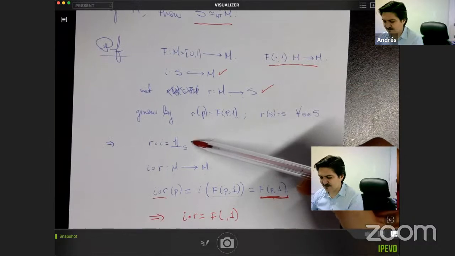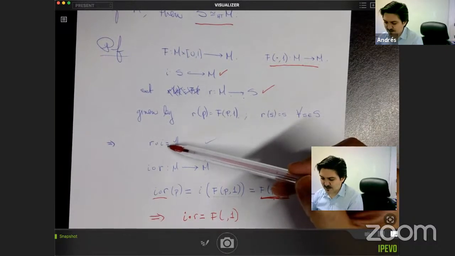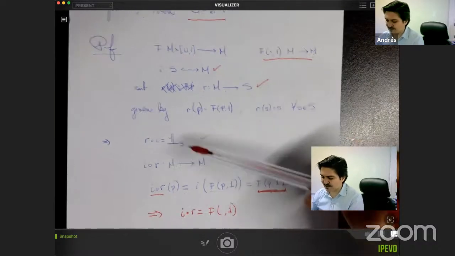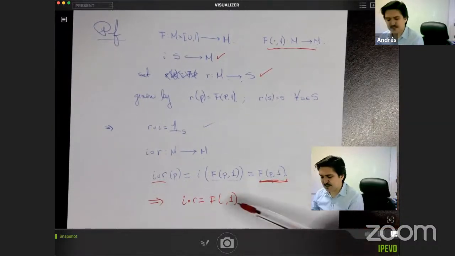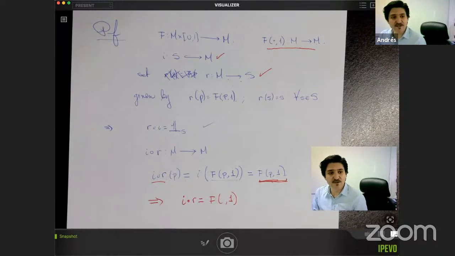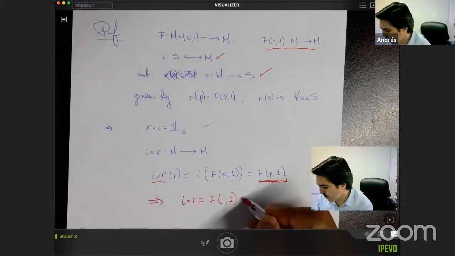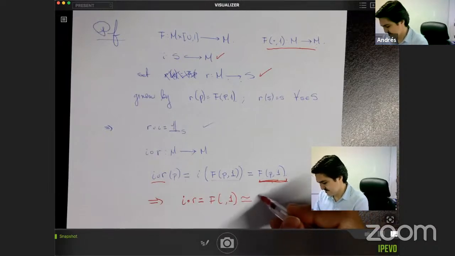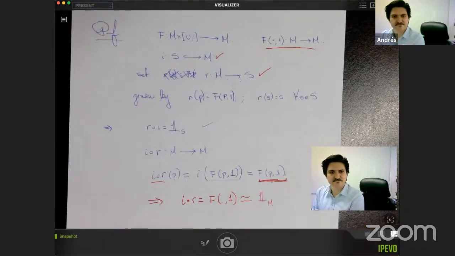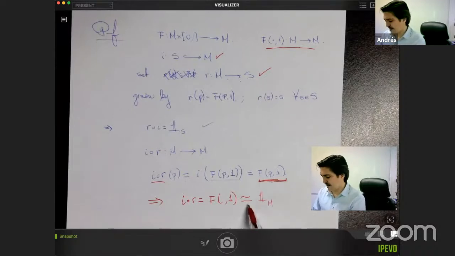So I have one, and I get something stronger, equality. Here, I would like to have that this is homotopic to the identity map of M. And why is that true? Why can I justify this?